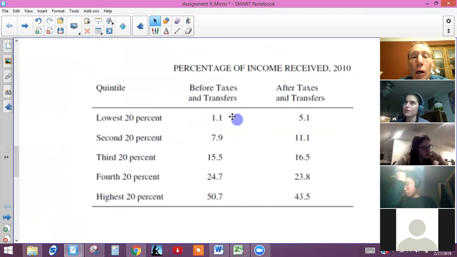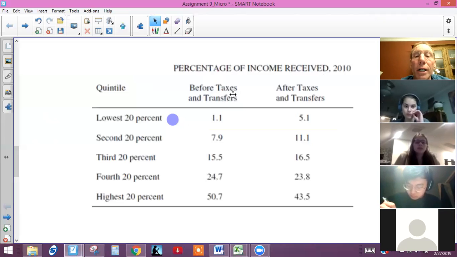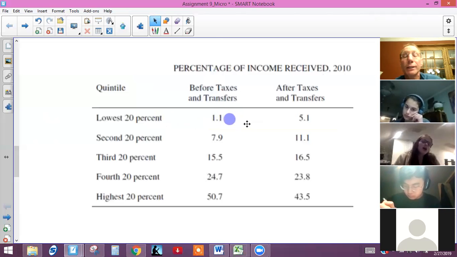So if we look at this, the lowest 20% are the lowest 20% of workers in the labor force in terms of their income, right? Before there were any taxes or transfers, the lowest 20% only got a little bit over 1% of all the income received by everyone.